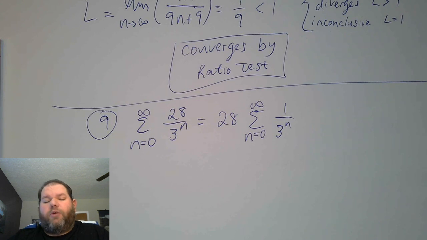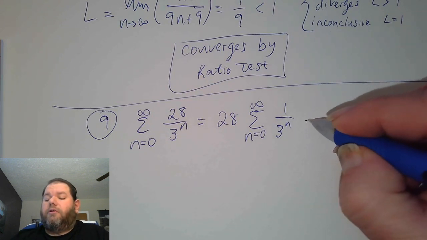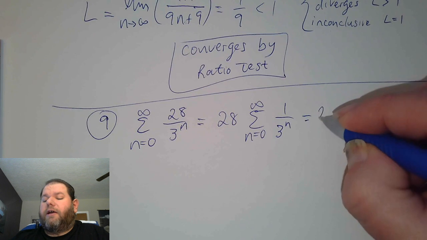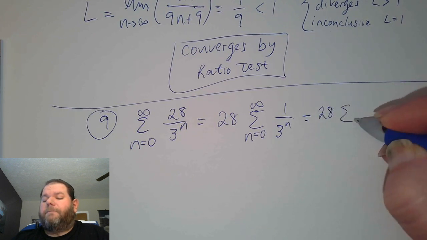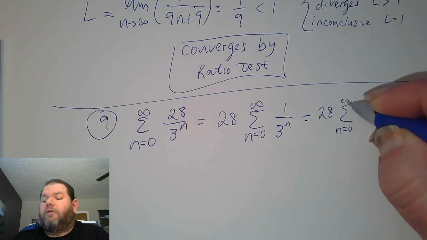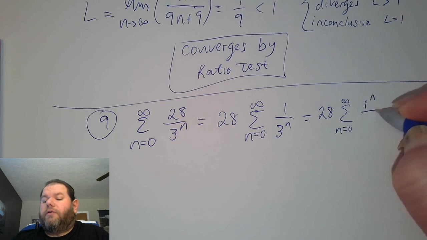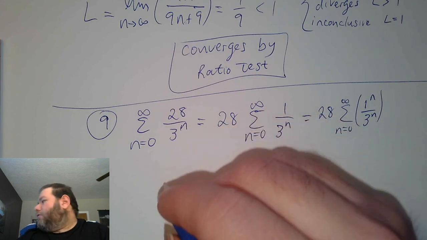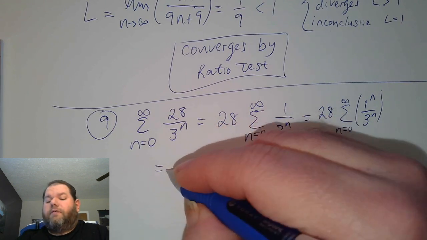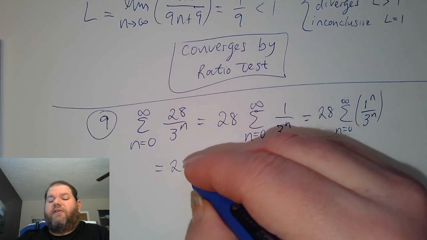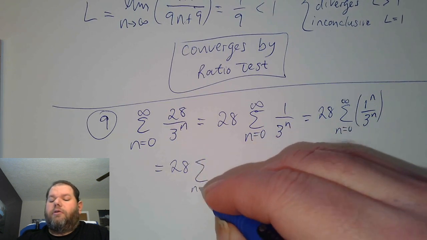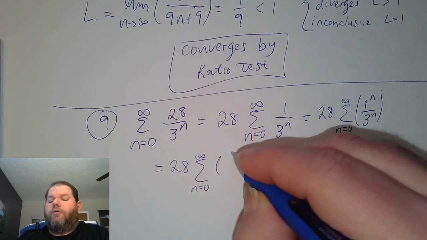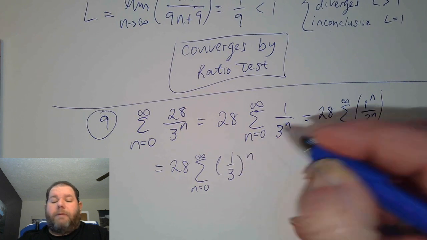Well, whenever we have a term like this, like 1 over 3 to the n or similar, we can think of that as 1 to the n over 3 to the n, which we can then say is equal to 1/3 to the nth power.